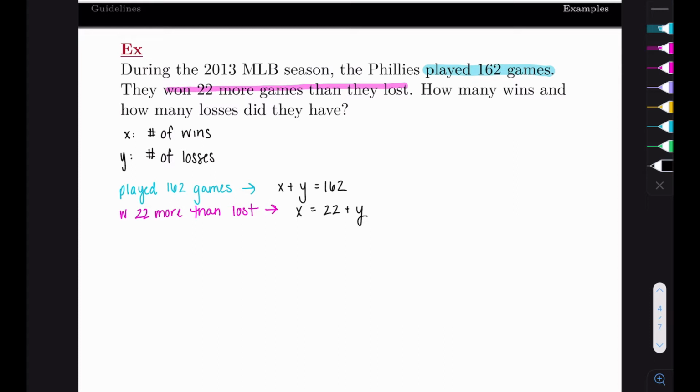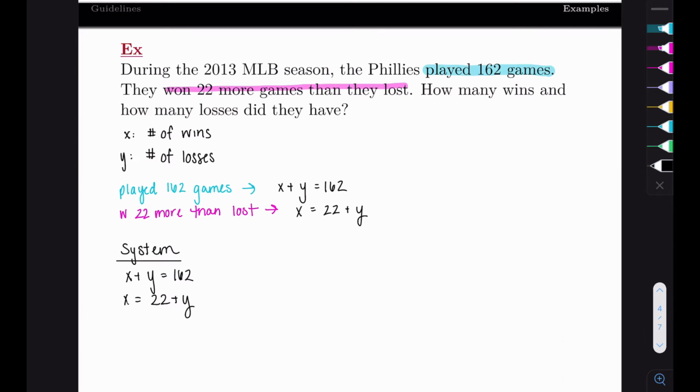So if I lost 50 games, my number of wins would be 50 plus 22 to give me 72 wins. So from here, we have our system, which we can solve either way. X plus Y needs to equal 162, and X is 22 plus Y.